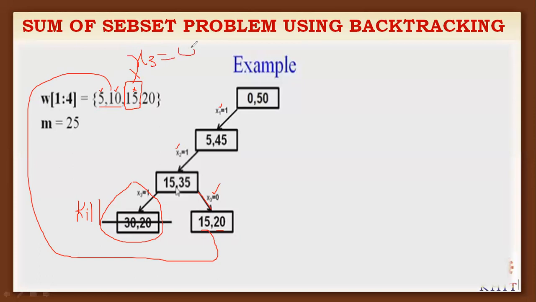And what is left over? The remaining weight is 20. So x3 item was not selected, only x1 and x2. First item and second item are selected, and third item is not selected.